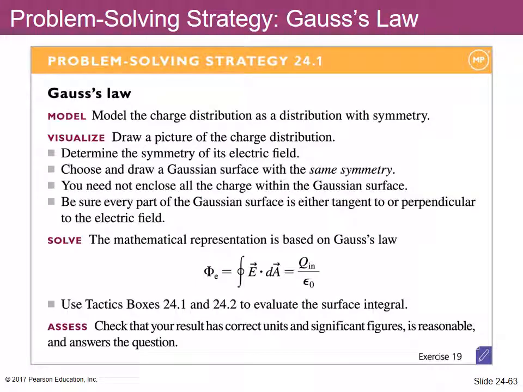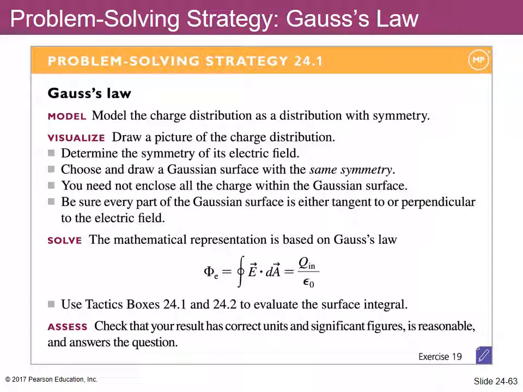To solve Gauss's law problems, model the charge distribution as a distribution with symmetry. Draw a picture of the charge distribution. Determine the symmetry of the electric field. Choose and draw a Gaussian surface with the same symmetry. You need not enclose all the charge within the Gaussian surface.